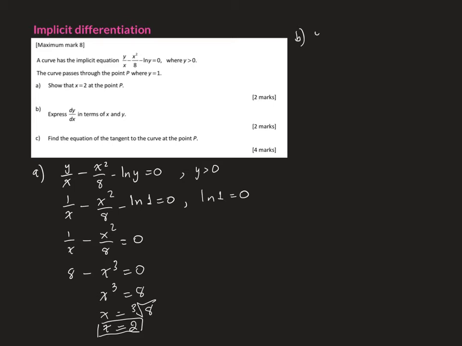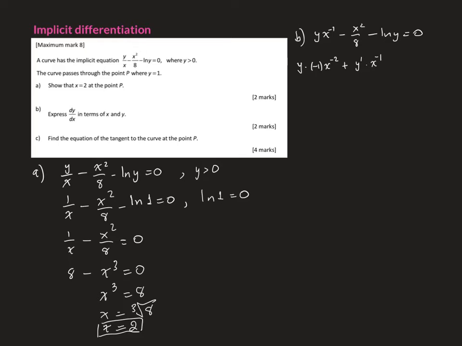I'm going to write it like y x to the power minus 1 instead of y over x, and everything else I'm just going to keep the same. And I'm going to differentiate this expression: y times minus 1 x to the power minus 2 plus y dash times x to the power minus 1, using the product rule on the first term.